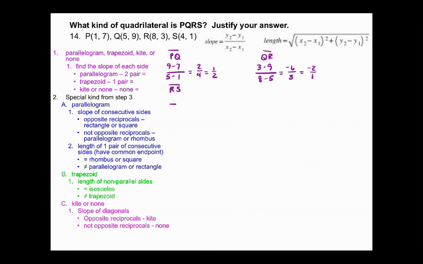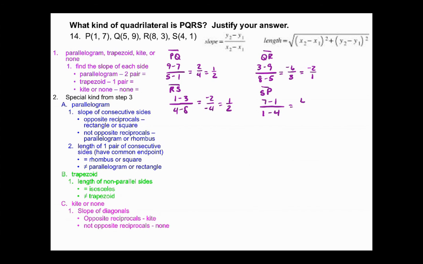RS is our next side. So 1 minus 3 over 4 minus 8 is negative 2 over negative 4 to get 1/2. And last we have SP. So we're going to do 7 minus 1 over 1 minus 4.